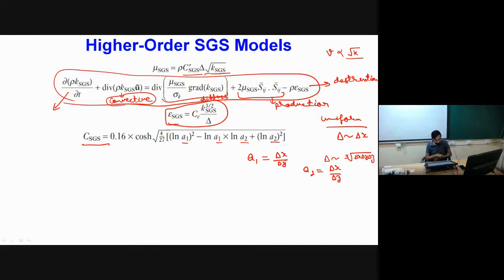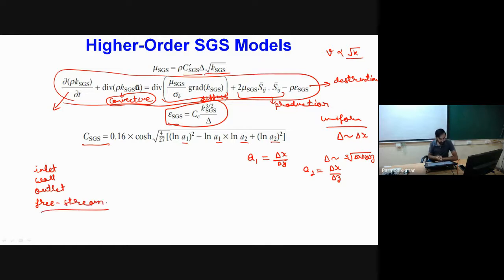Okay. Apart from that, obviously, when we use large eddy simulations, we also have to supply some boundary conditions. As in other situations, we have to provide an inlet boundary condition, a wall boundary condition, an outlet boundary condition, and if we are having some free stream, then we have to provide a free stream boundary condition also.